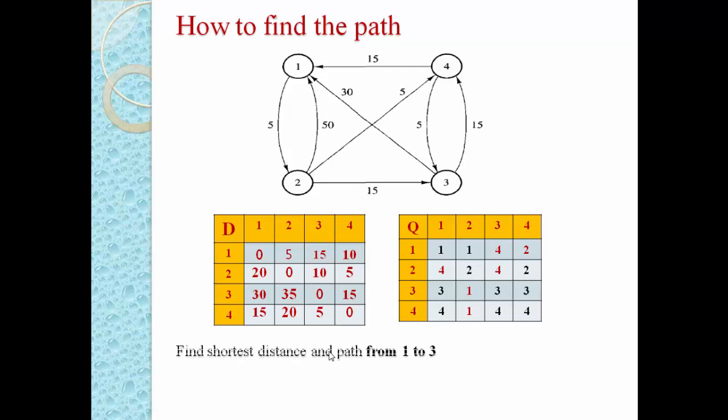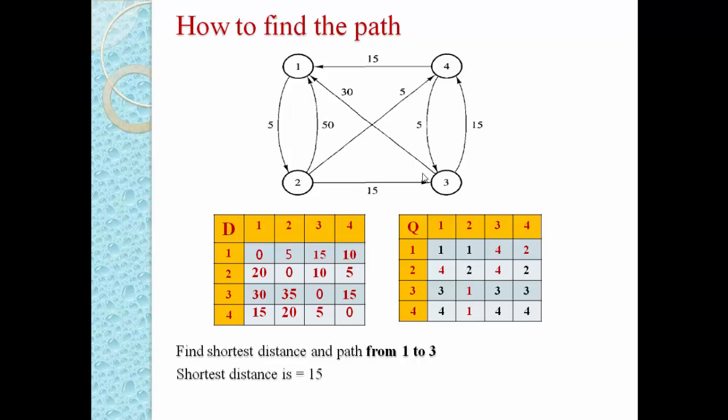Now suppose you want to find the shortest path and shortest distance from node number 1 to 3. If you want to reach from 1 to 3, then find out the shortest distance and shortest path. As we discussed, D will give the shortest distance and Q will give the shortest path. So first identify the shortest distance from this D matrix.